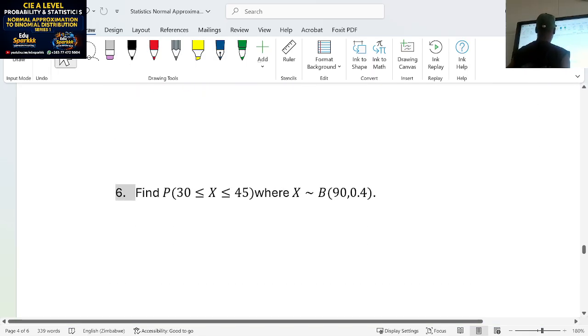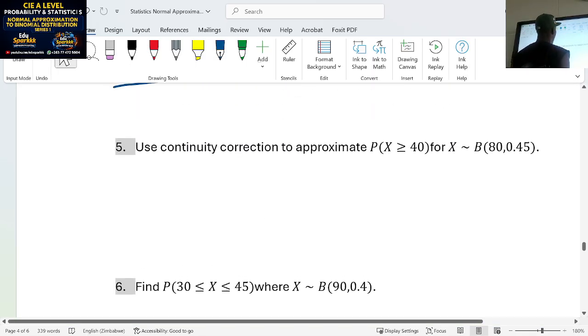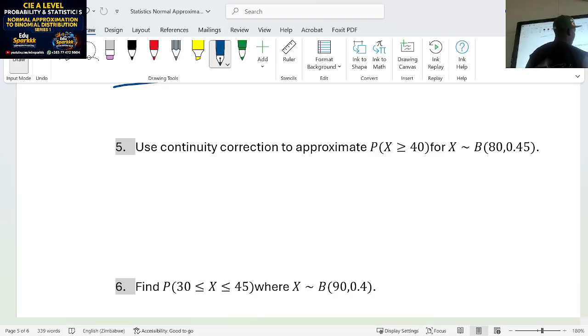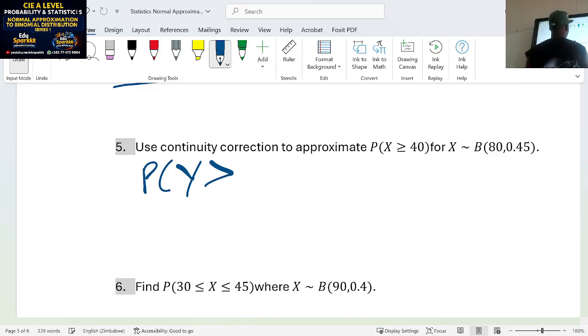So moving on, we have got number 5 there. Use continuity correction to approximate probability. So we are given the distribution again. This is the same as probability of, let me bring another variable, not z, to say distribution y, where y is greater than or equal to 39.5.